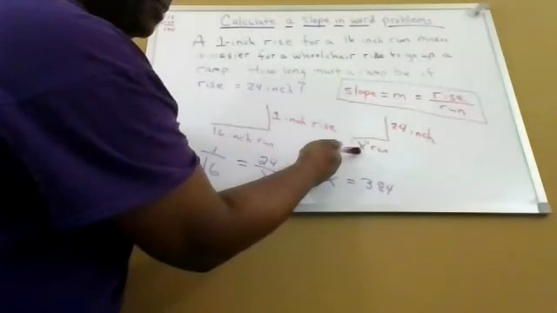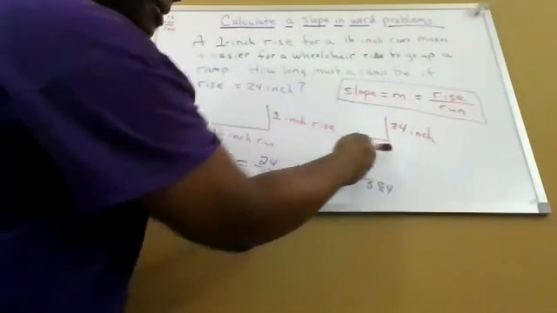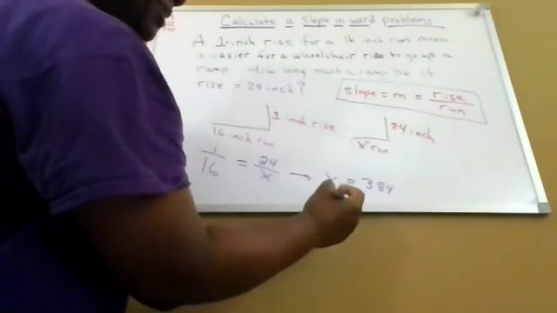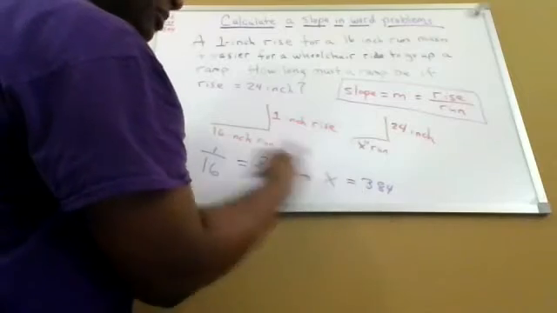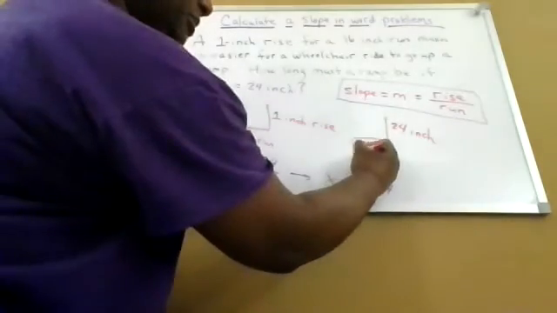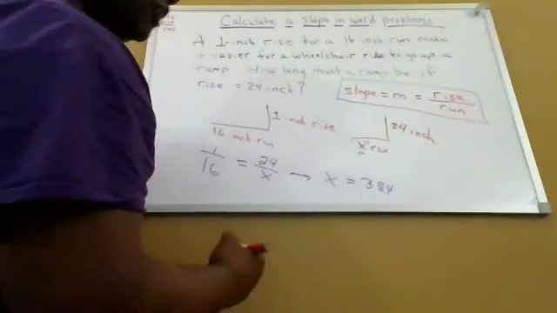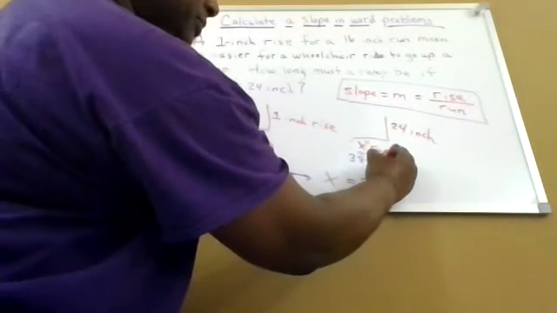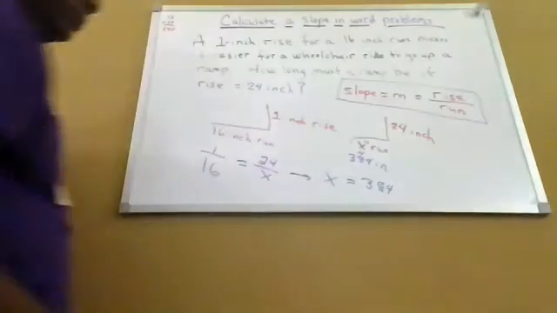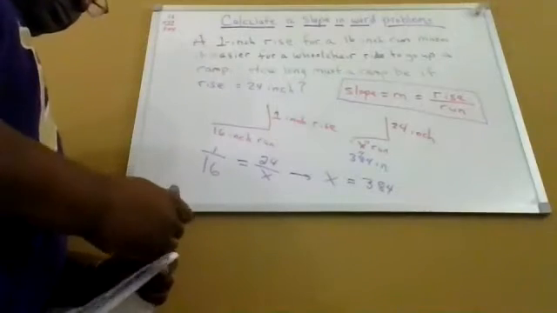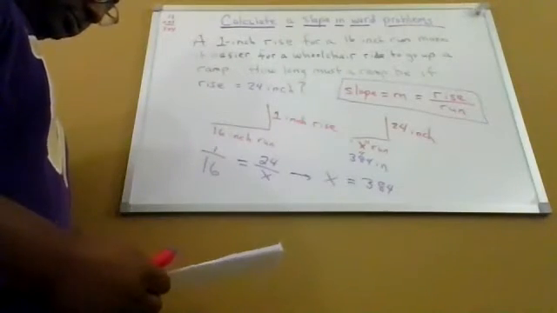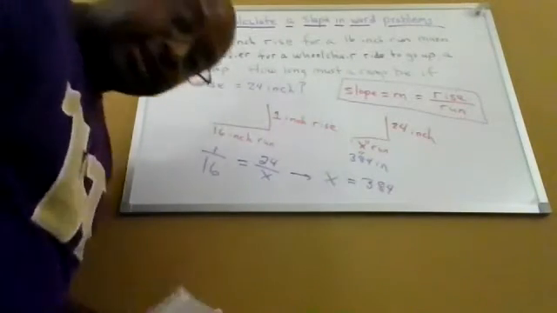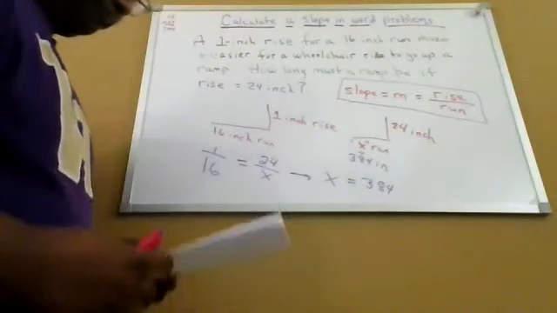And so that means up here in this diagram, my run has to be 384 inches. So here, X equals 384. And that's it for that problem.